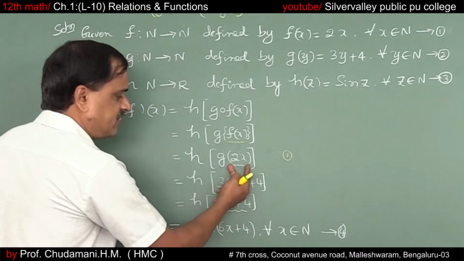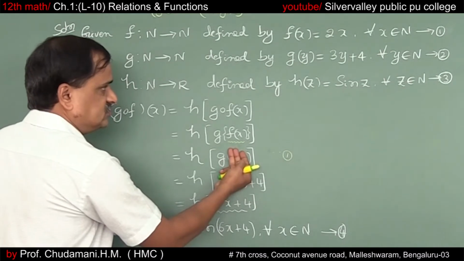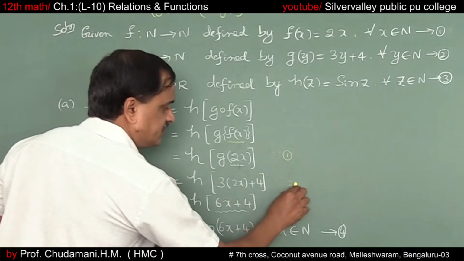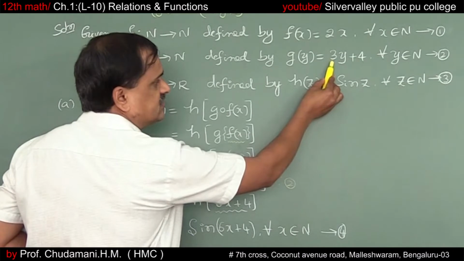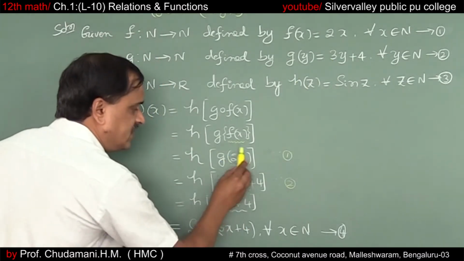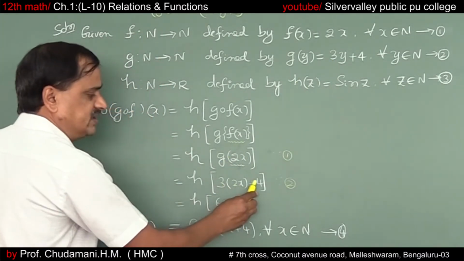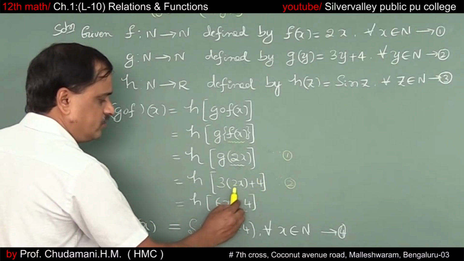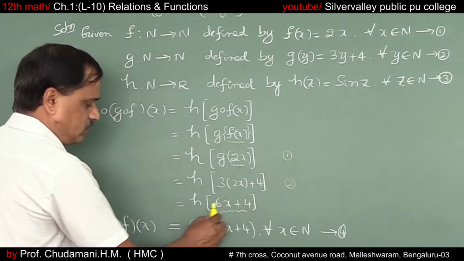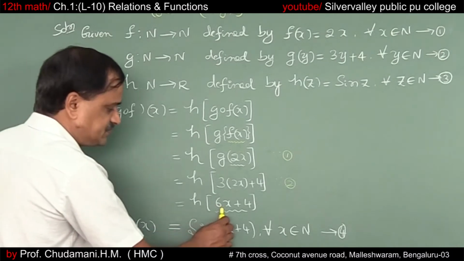This is of the form g of y. By using equation 2, 3y, that is 3 into 2x plus 4. 3 into 2 means 6x plus 4. H of 6x plus 4.